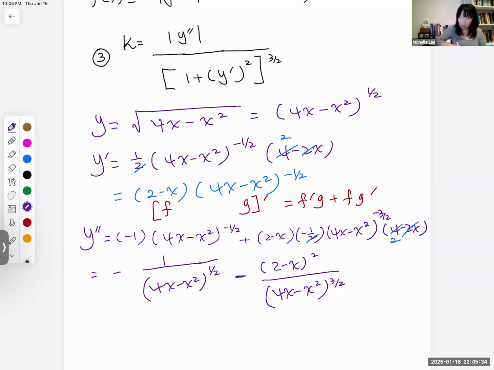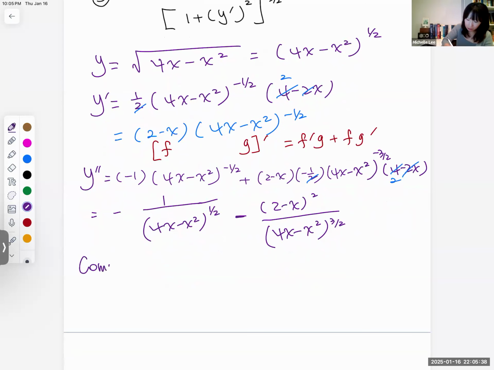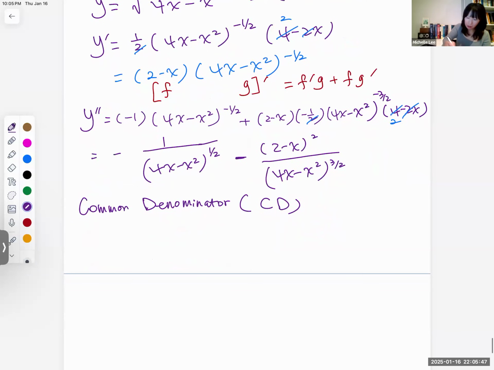Let's make a common denominator: 4x minus x squared to the 3 over 2, right?